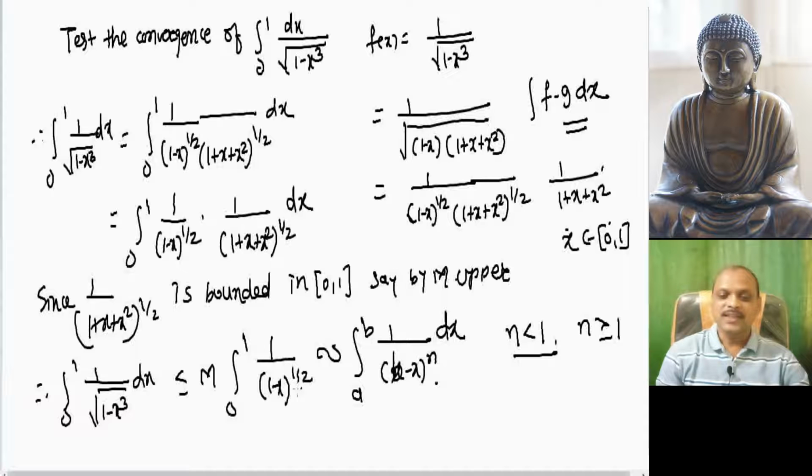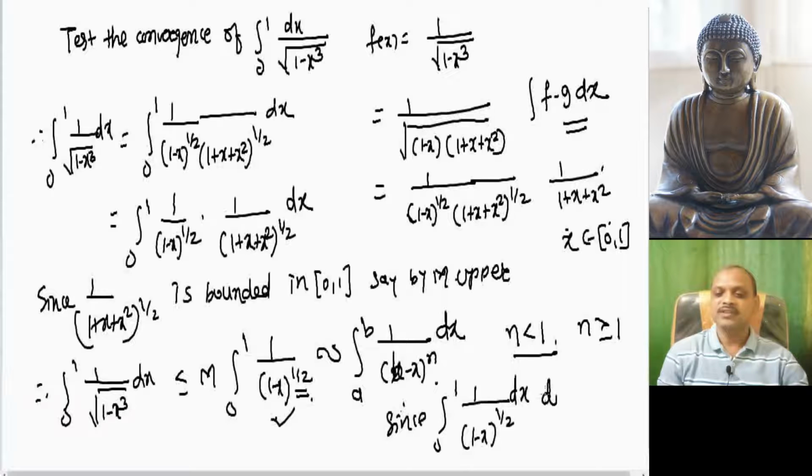Here you can check that the value of n is equal to 1 by 2. Therefore, by this useful integral we can say that integration 0 to 1 of dx divided by (1 minus x) whole raised to 1 by 2 is convergent.